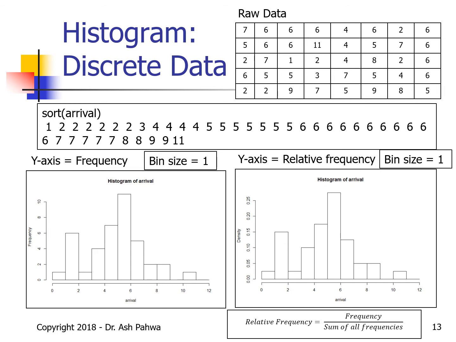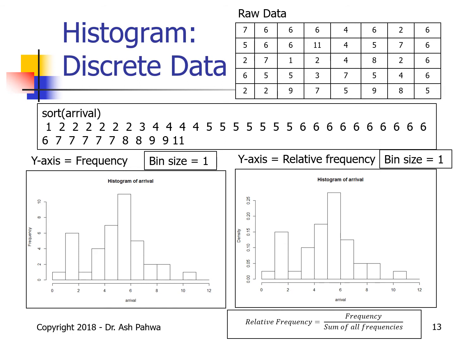Remember, a relative frequency is the frequency of the individual divided by the total. Now, if we add all these numbers up, that comes out to be 40. So, 1 divided by 40 would be the relative frequency of only one arrival. So, we can either plot the count or we can plot the relative frequency.